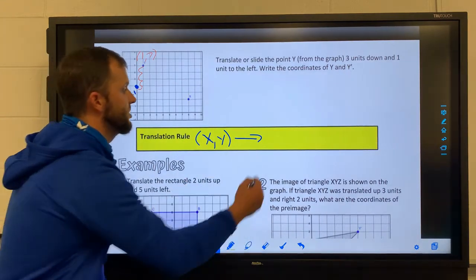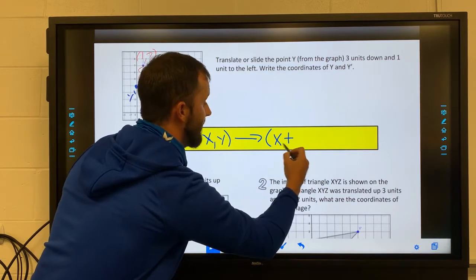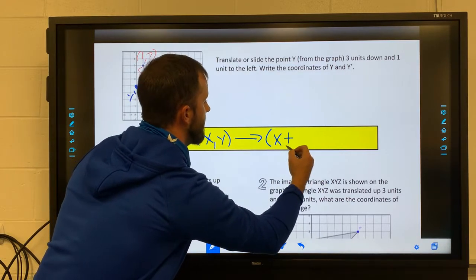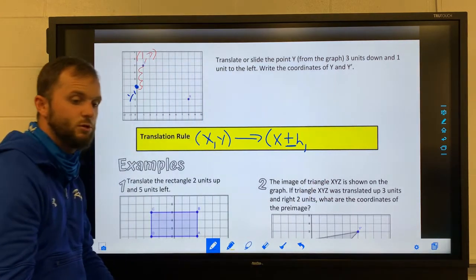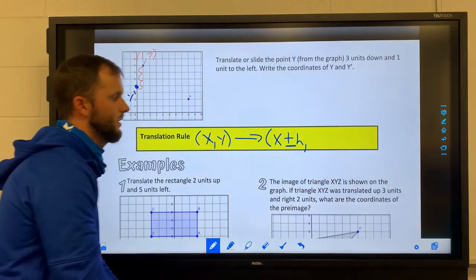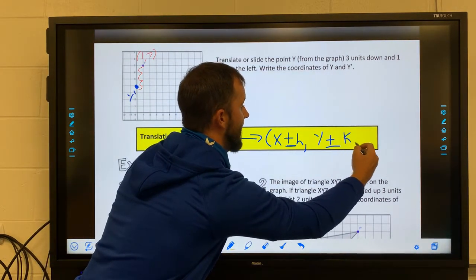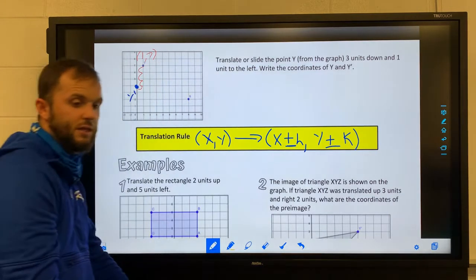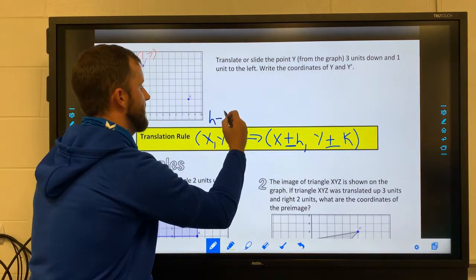And it is going to change into X plus or minus if we go down, and then you're going to put H, which is going to be your horizontal shift. And then we're going to go Y plus or minus K, and K is going to end up being your vertical shift.